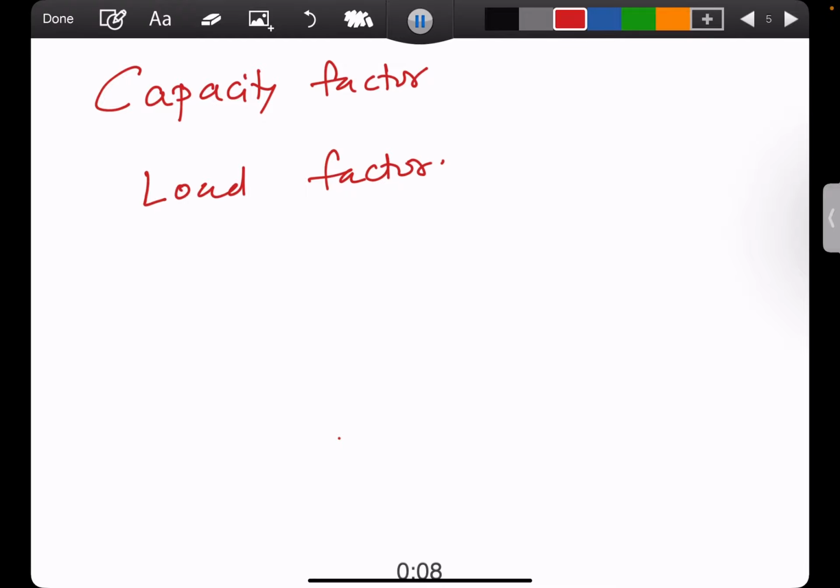Capacity factor is a relationship between how much electricity is generated on average by that plant upon the electricity which would be generated if the plant were operational at its installed capacity. Okay, so this is the capacity factor.